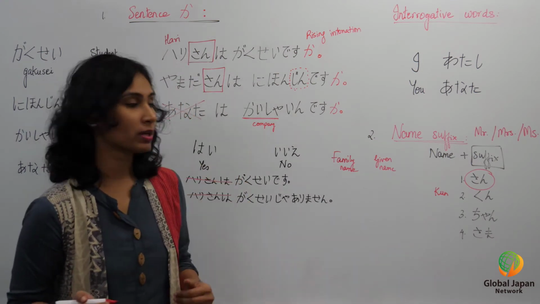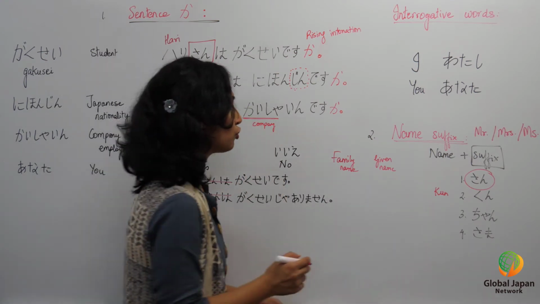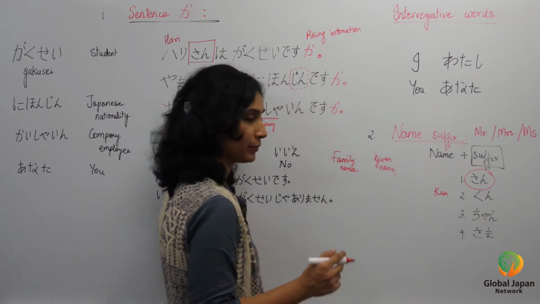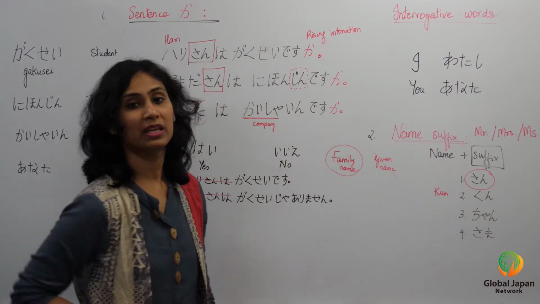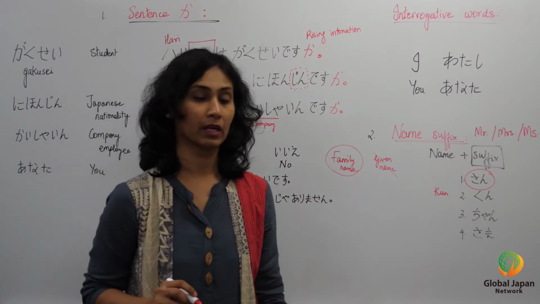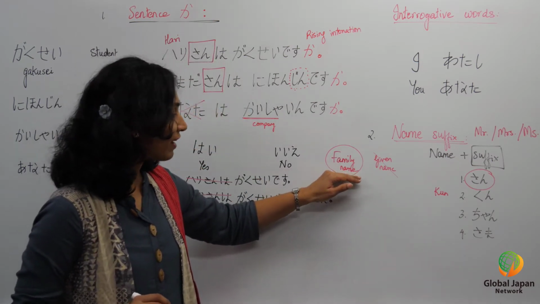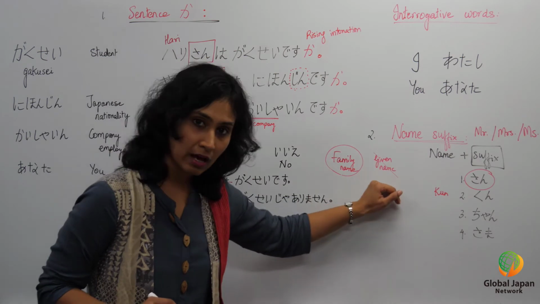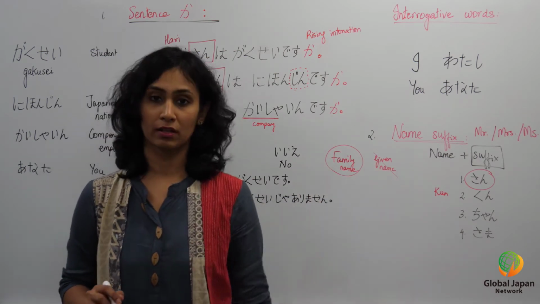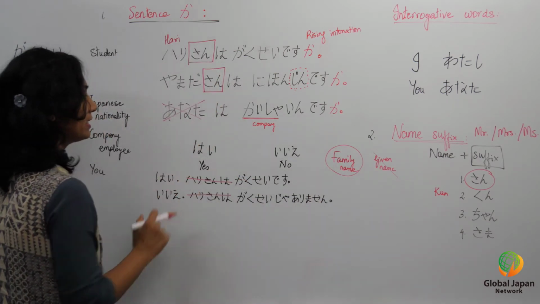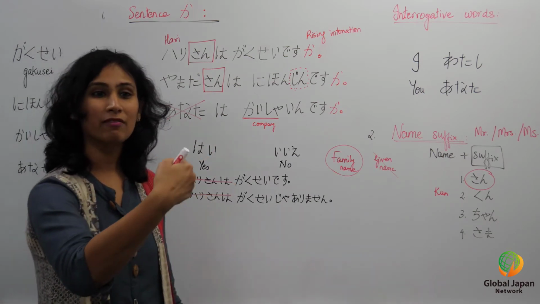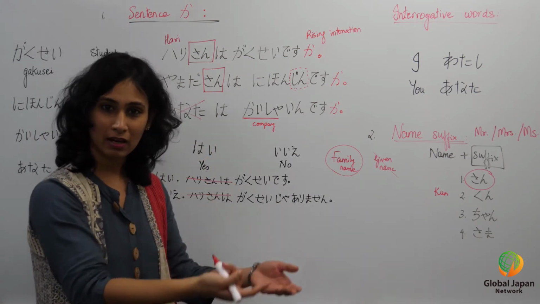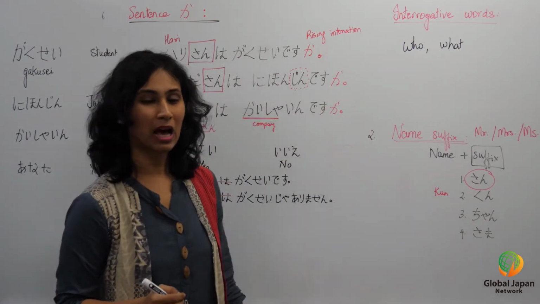Whenever you're addressing a person, you would generally not use the first name or the given name. You would address the person by their family name. So the family name followed by san, that is the way of calling another person. So let's take, I am asking the other person, his name is Tanaka. That's the family name.